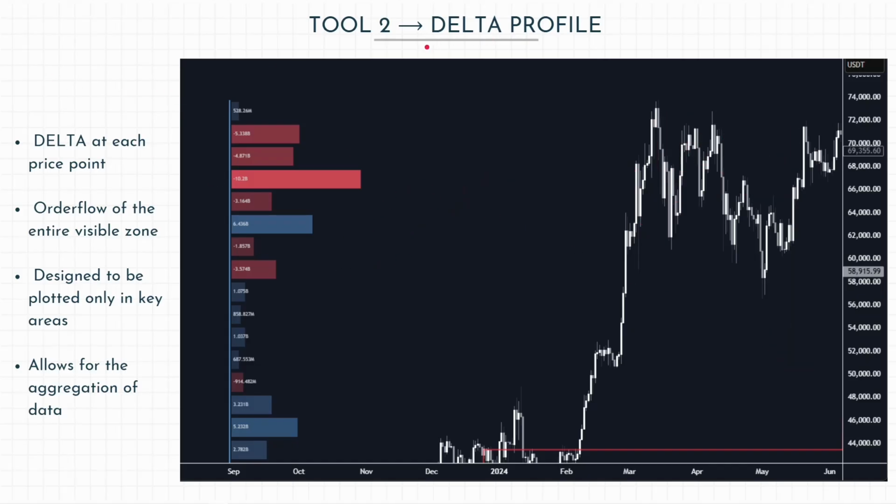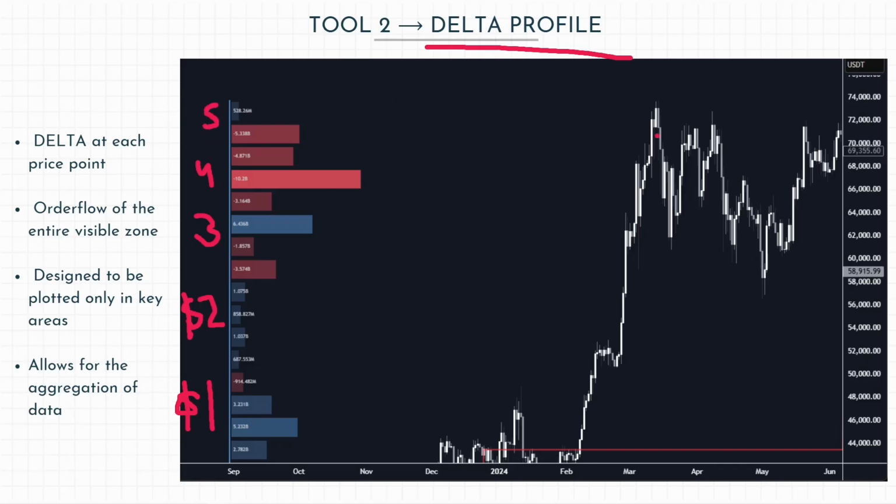What a delta profile, the second tool, shows you is delta, the difference between net buying and net selling at each price point. So let's say this price point is $1. This price point is $2. That's 3. That's 4. That's 5, and everything in between.